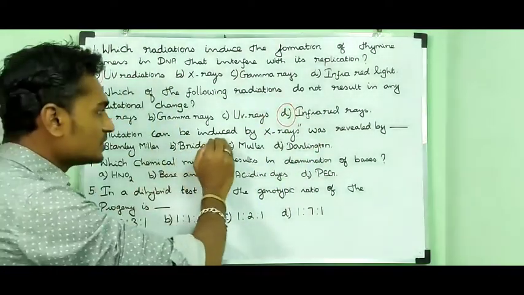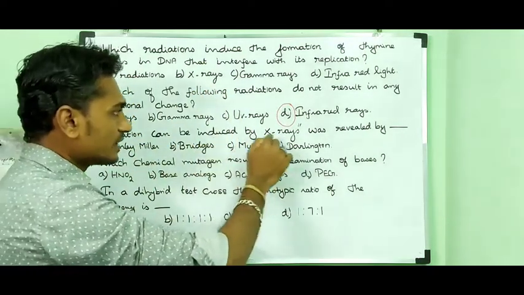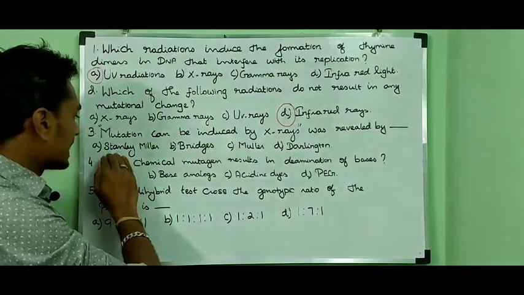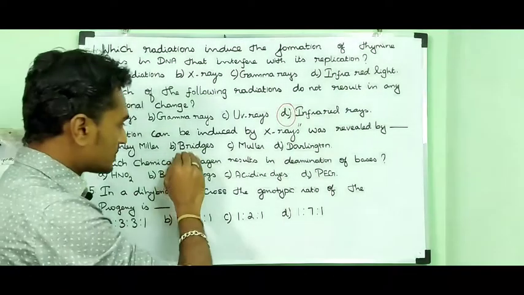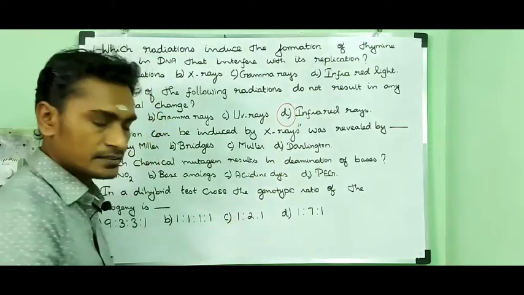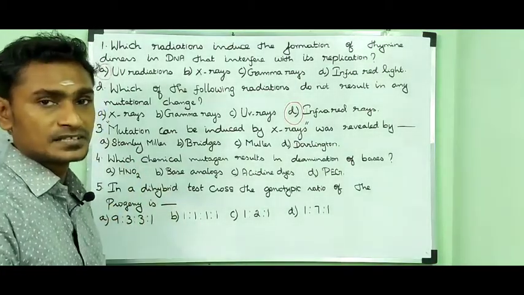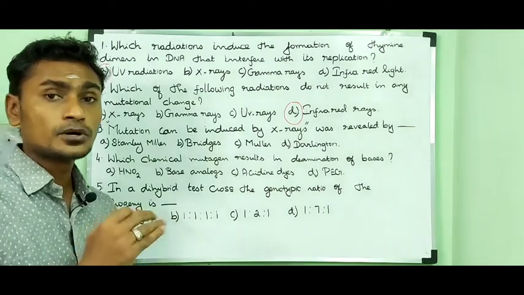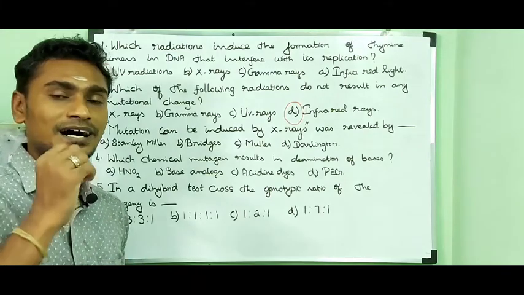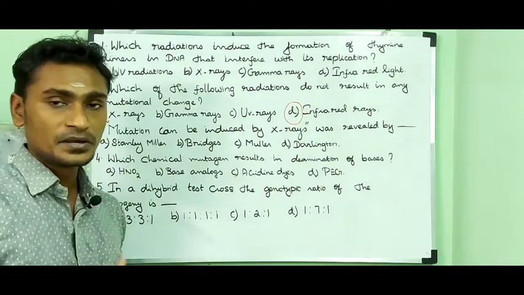The third question: mutation can be induced by X-rays was revealed by dash. Option A, Stanley Miller; option B, Bridges; option C, Muller; option D, Darlington. Stanley Miller performed an experiment that may explain what occurred on the primitive earth a billion years ago.